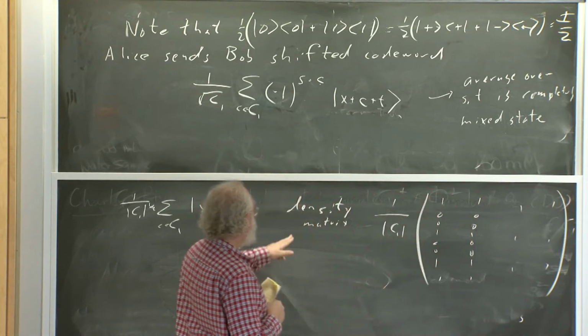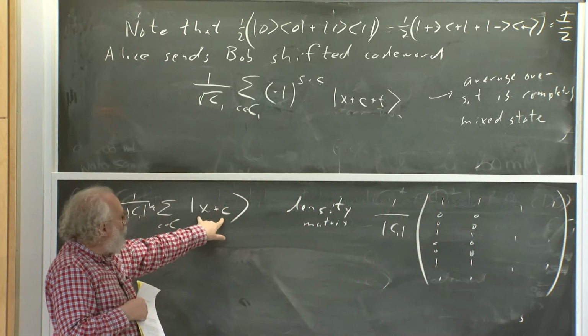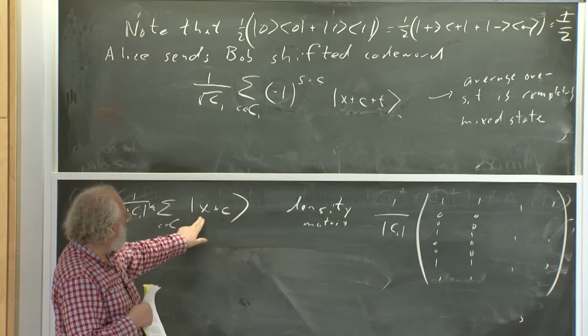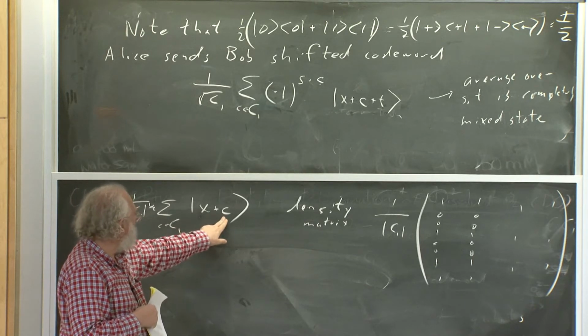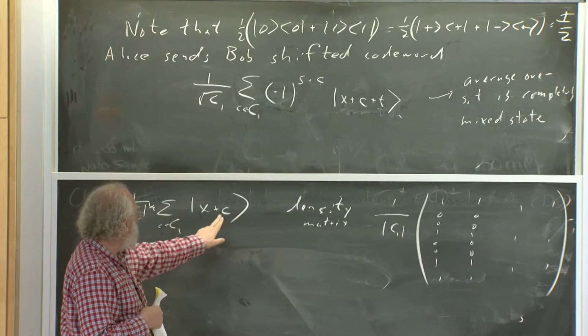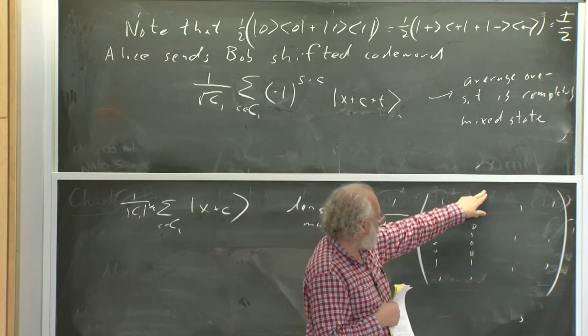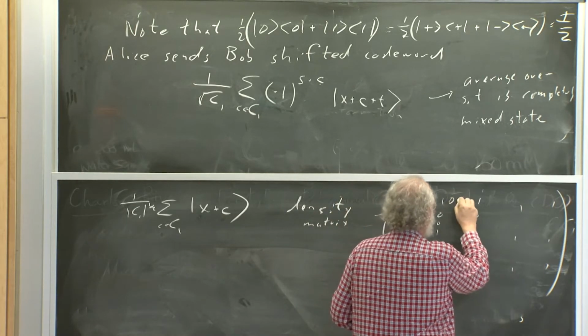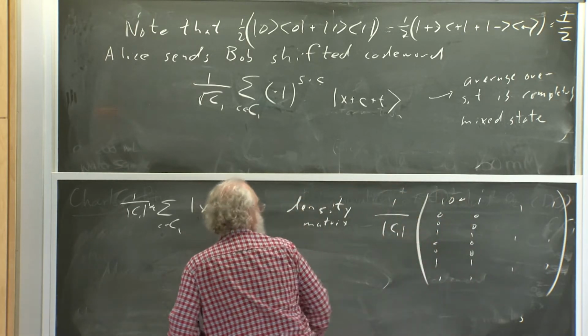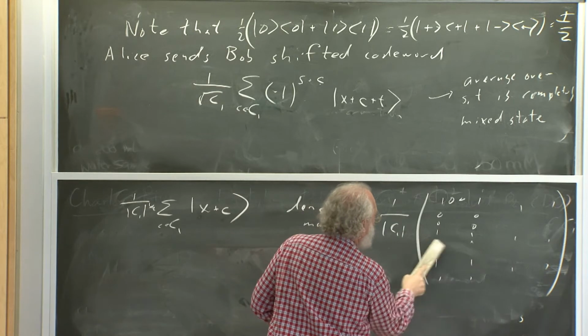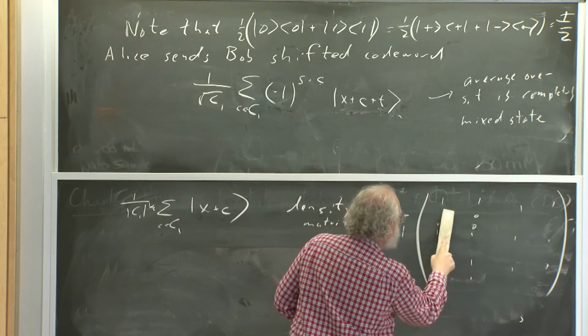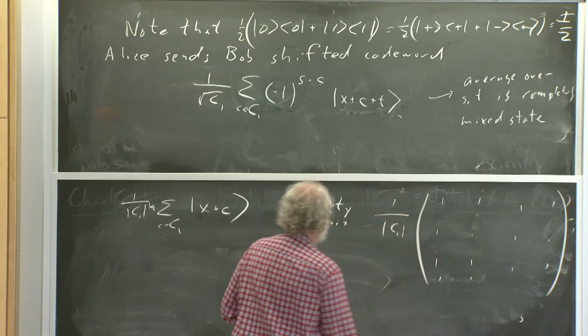So you get ones wherever you have an X plus C as the row and X plus C as the column, and zeros everywhere else. So just pretend that the zeros are there.